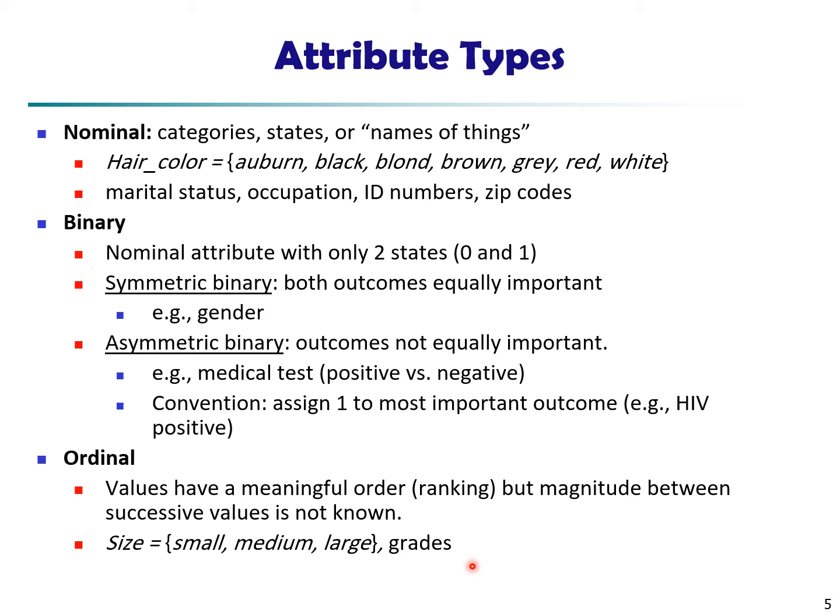So you can say that this one is A and this one is B, but the exact difference between them you don't know. You know the order, that the one who got A is better than the one who got B, but you do not know the values between them. So this is ordinal data.